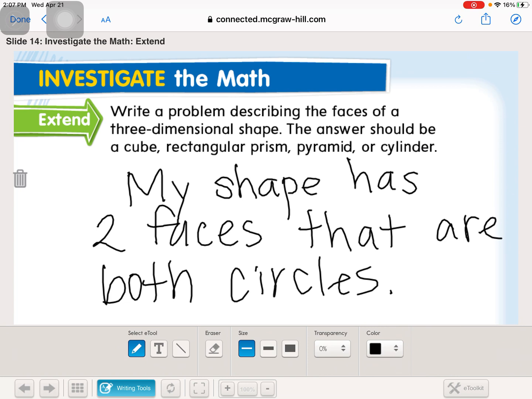Do you know what it is? Two faces, only two faces, and they're both circles. Hopefully you said cylinder.